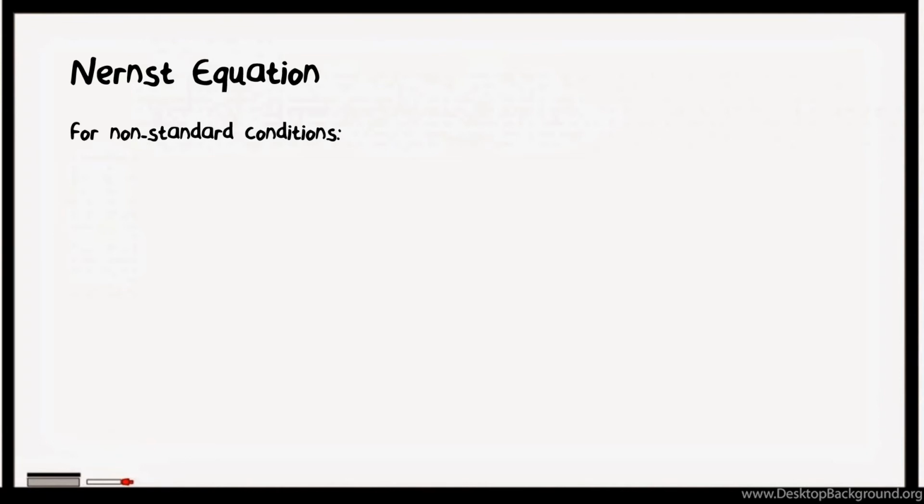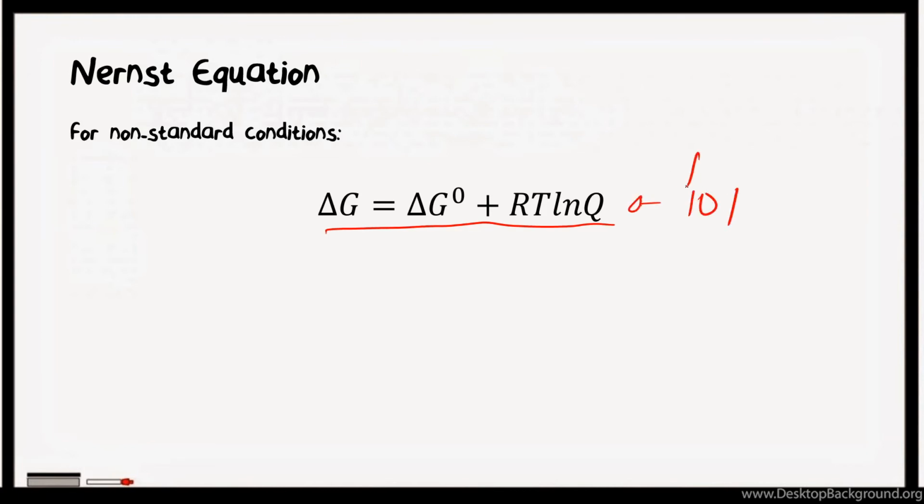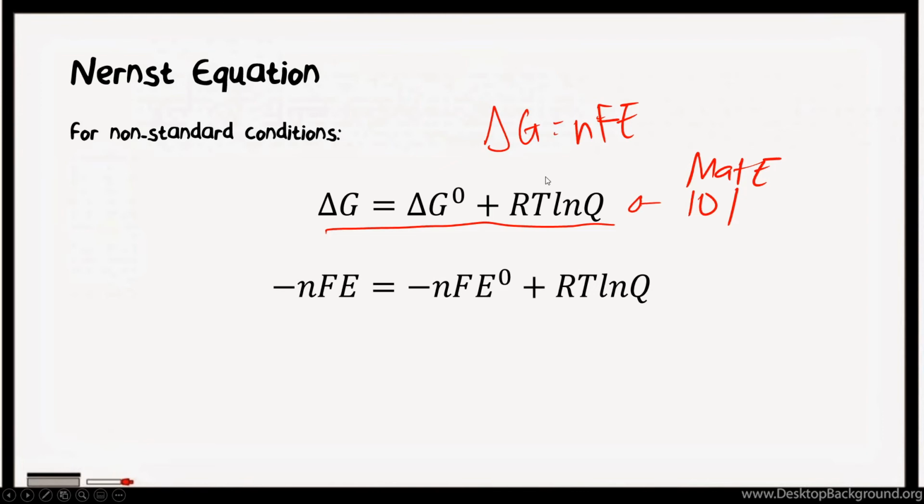So for non-standard conditions, your delta G is equal to delta G naught plus RT ln Q. This should be taught to you from Math E 101. So we know that delta G is equal to negative nFE. Substituting that one, we'll get negative nFE is equal to negative nFE naught plus RT ln Q.